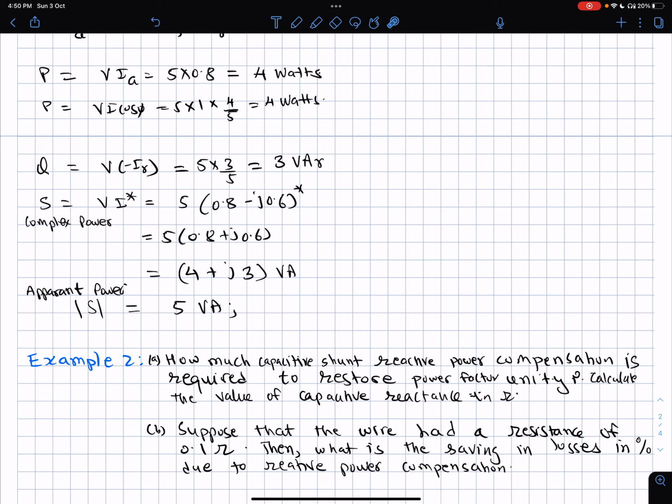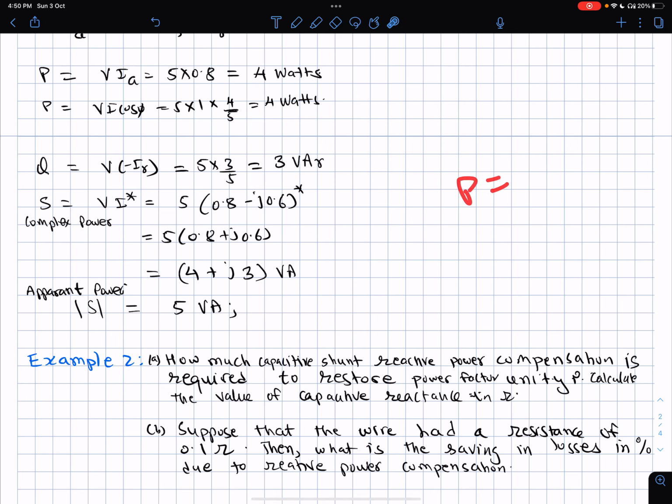I won't use the word curse, but the disadvantage is that we always have to deal with inductive elements, non-ideal leakages, and so on and so forth, and therefore it turns out to be an R plus j omega L circuit, which causes the power factor to go down from unity. Cos phi maximum value is 1. That's where we would like to be.